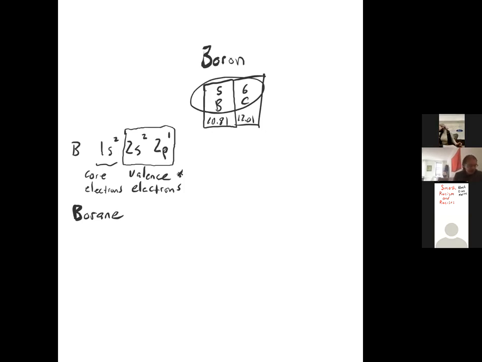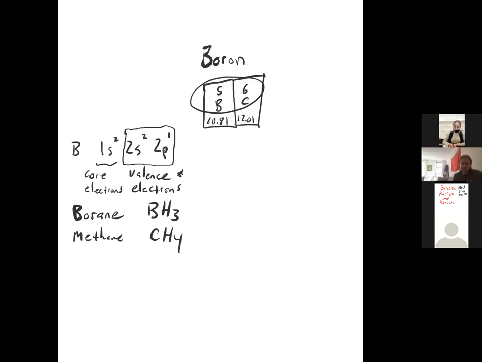Okay, so there's a molecule. So you've heard of methane. Methane is CH4. Borane is the same thing. Borane is BH3. And you ask, okay, well, why is borane BH3 and methane is CH4? Why does carbon have 4 hydrogens and boron only has 3?